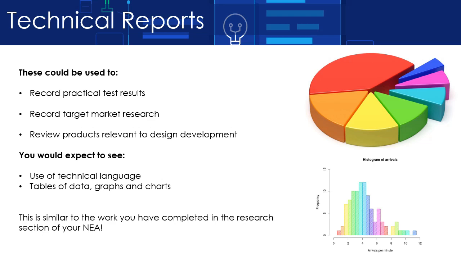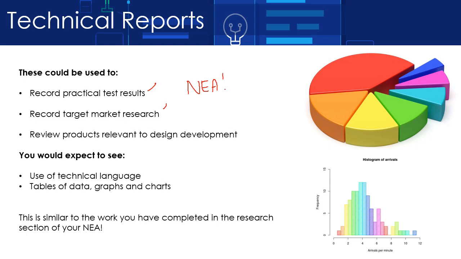Then we have something called a technical report. These are used to record practical test results, market research, and review products relevant to design development. So that's product analysis. So again, this is all stuff that you will have done in your NEA. Things where you did material testing, you might have done some research into particular target markets.